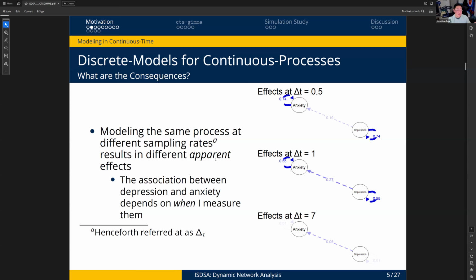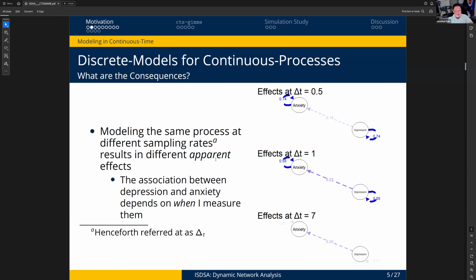If I sample every day, we see that the cross regression has increased in strength. So apparently, for this simulated case, the effect of depression increases over a longer period of time, but over the course of a week, it becomes pretty much non-significant. The effect of your depression on your anxiety a week later, on average, tends to be quite weak.